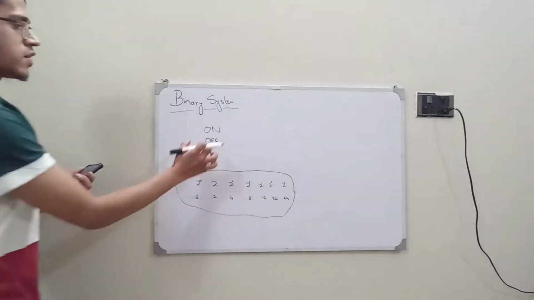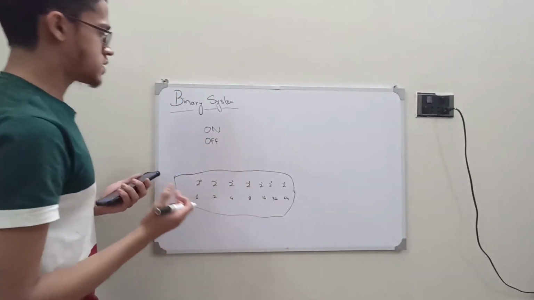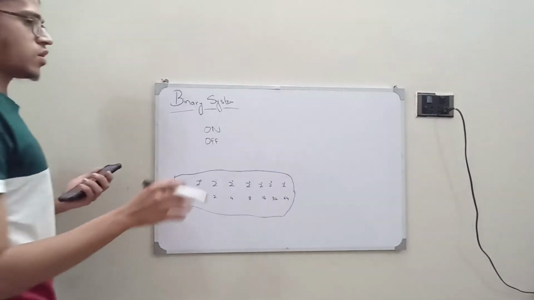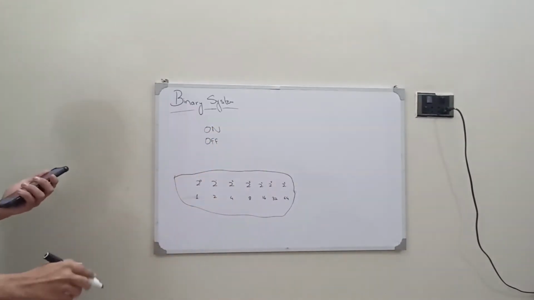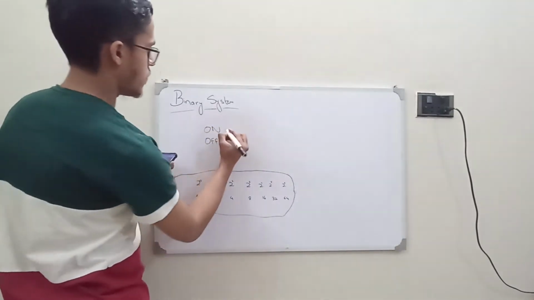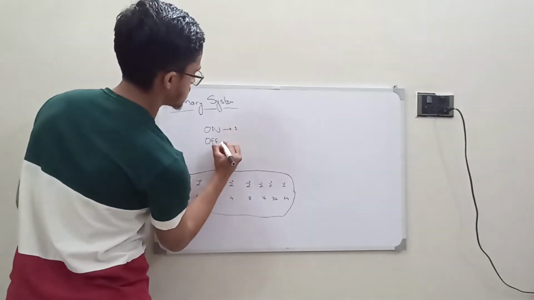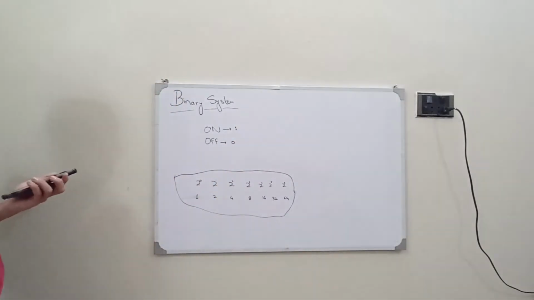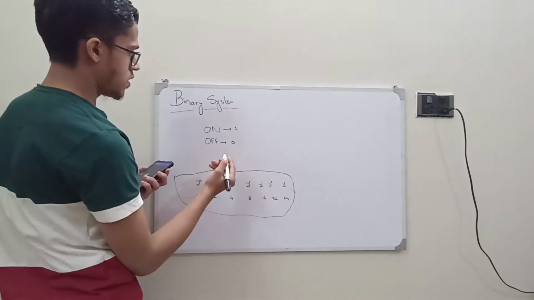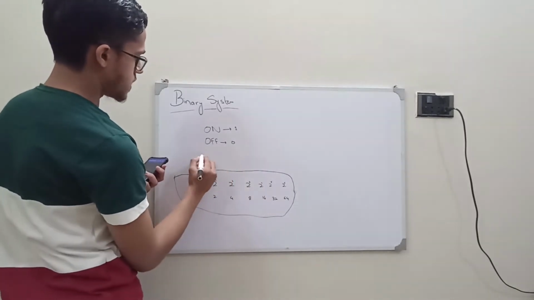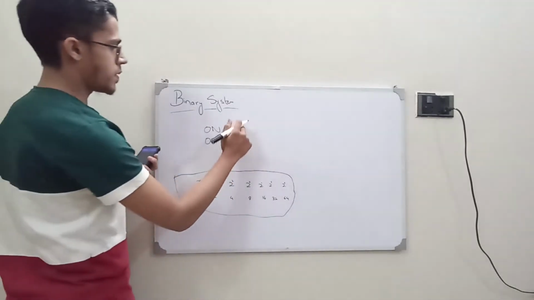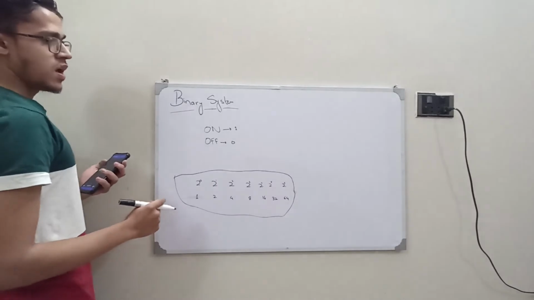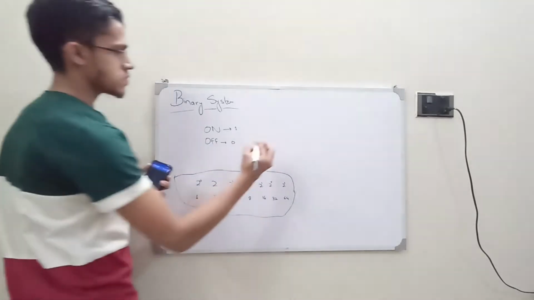Of course we cannot write on and off in processors and microprocessors and all of those devices, so instead we represent on as a state of 1 and off as a state of 0. Let me take a quick example of 8 numbers consisting of a combination of zeros and ones, and let me tell you how it's done.